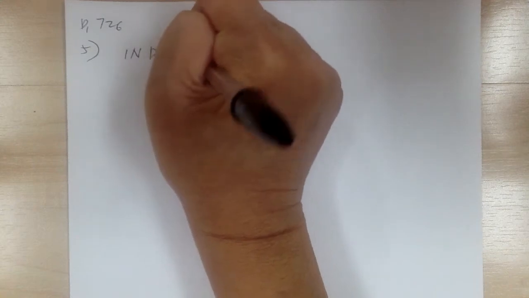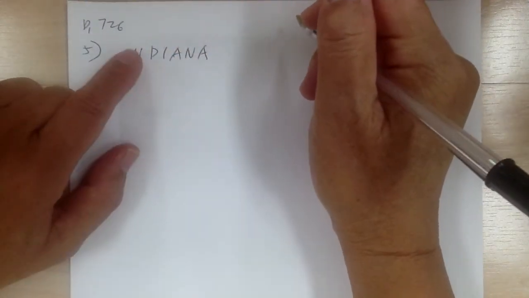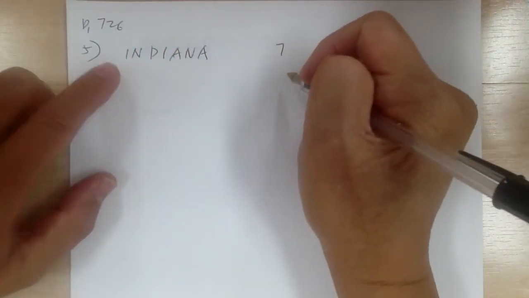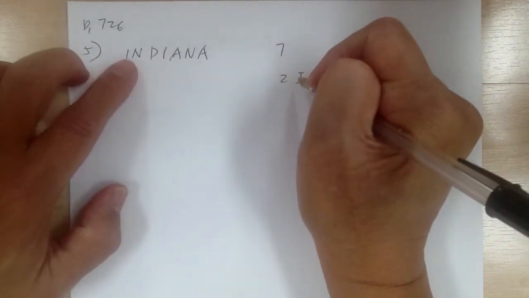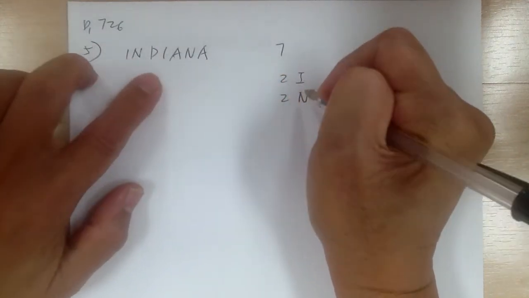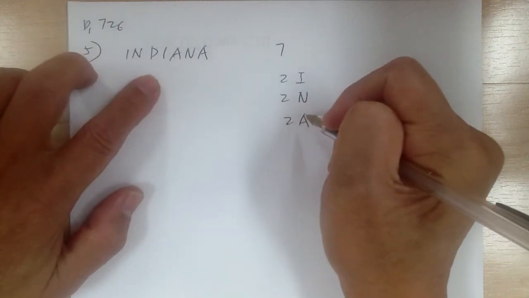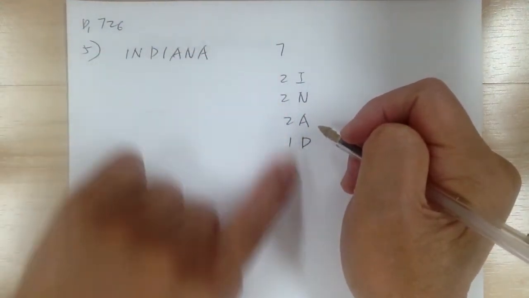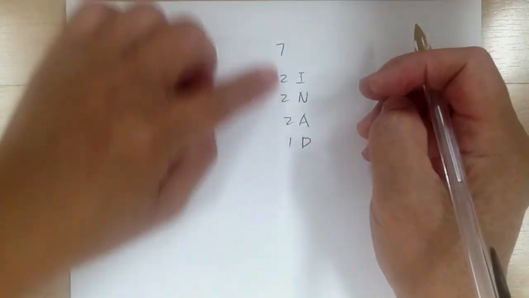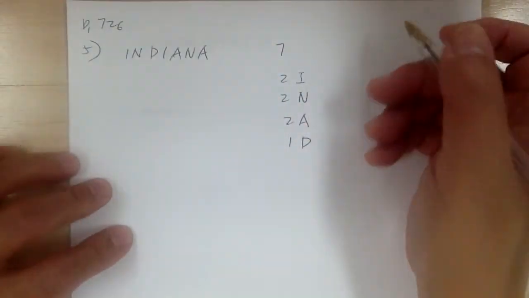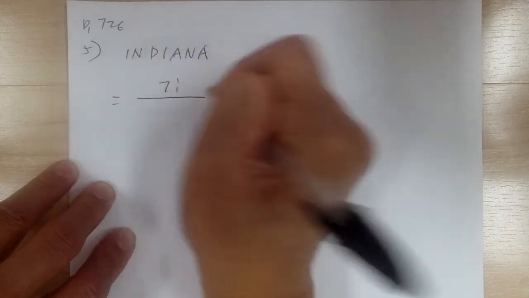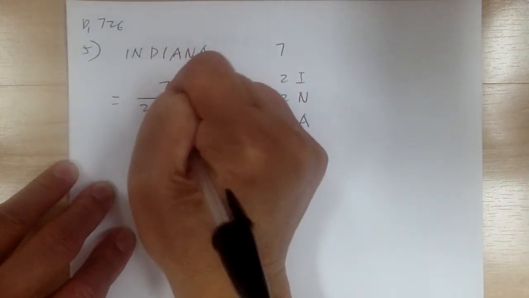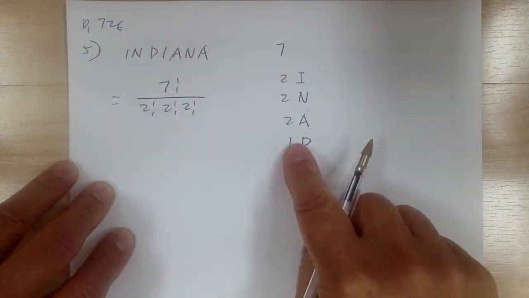Okay, so 2, 4, 6. So there are 7 letters. So there are 2 I's and 2 N's and 2 A's and 1 D. Again, I'm just doing a quick inventory to make sure I account for all the letters. Okay, so this will equal 7 factorial over 2 factorial, 2 factorial, 2 factorial, and 1 factorial.